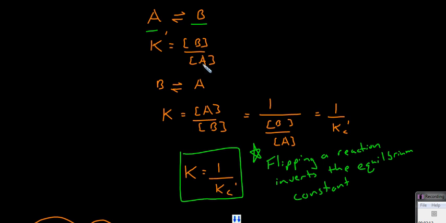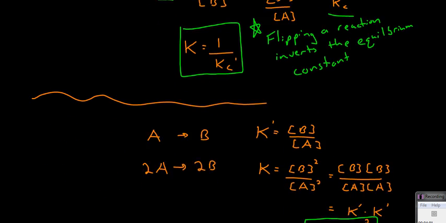By taking a look where you flip this reaction to give B goes into A, the equilibrium constant of that is A over B. Now this is actually the reciprocal of B over A. So A over B is equal to the reciprocal of B over A, or the equilibrium constant of the flipped reaction is the reciprocal of the original. So flipping a reaction inverts the equilibrium constant.